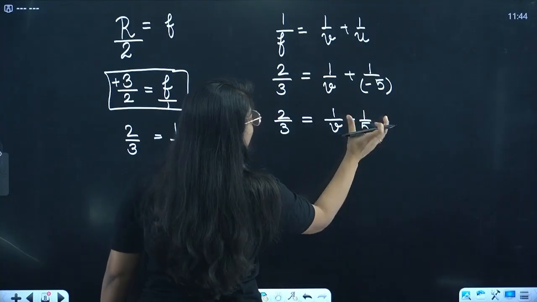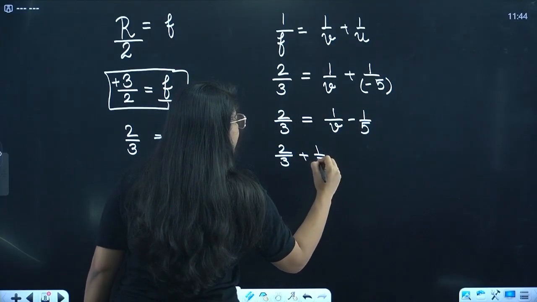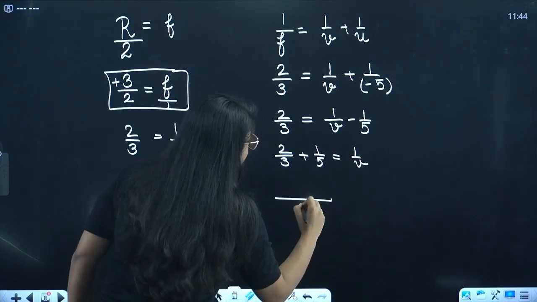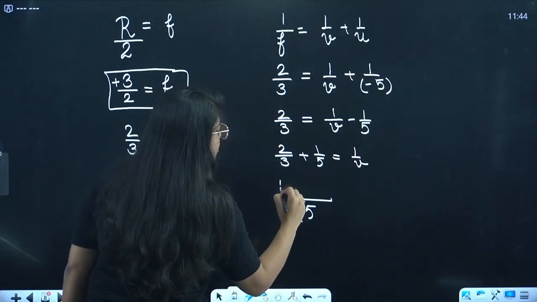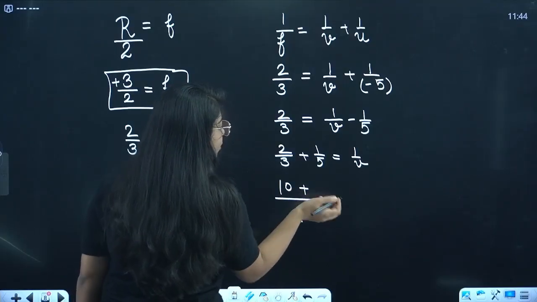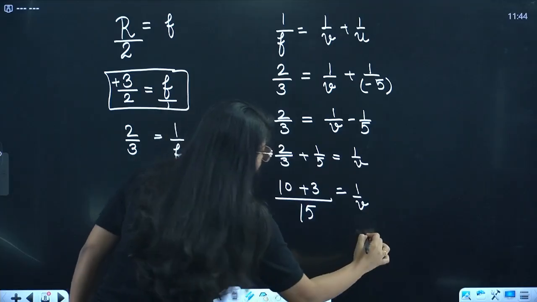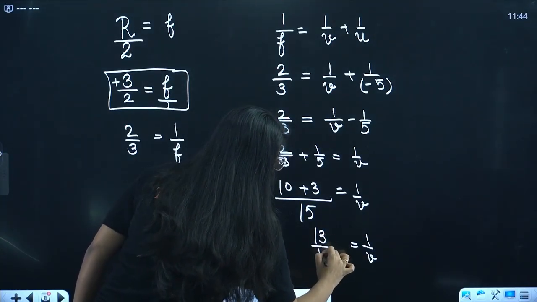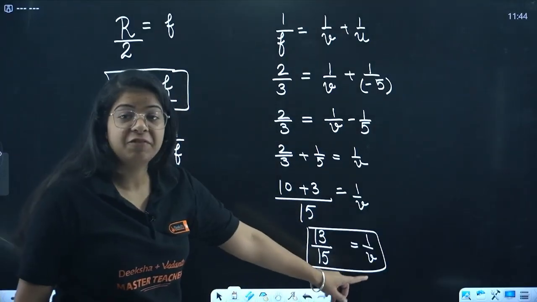If this is minus, take this here: 2 by 3 plus 1 by 5 equals 1 by V. Just solve this. 3 into 5, LCM will simply be 15. 5 into 2 is 10 plus 3 into 1 is 3, equals 1 by V. Then 1 by V, beta, will simply be 13 divided by 15. But now remember, this is 1 by V.